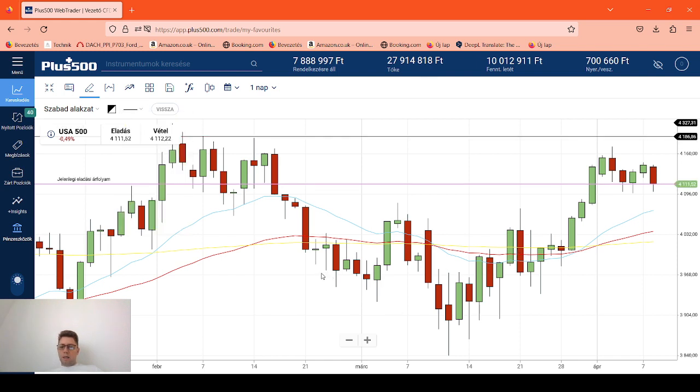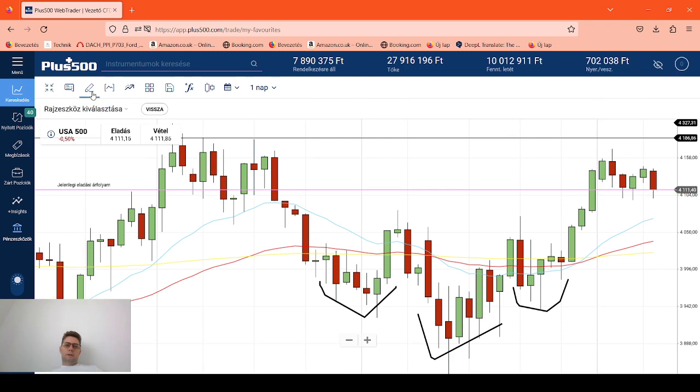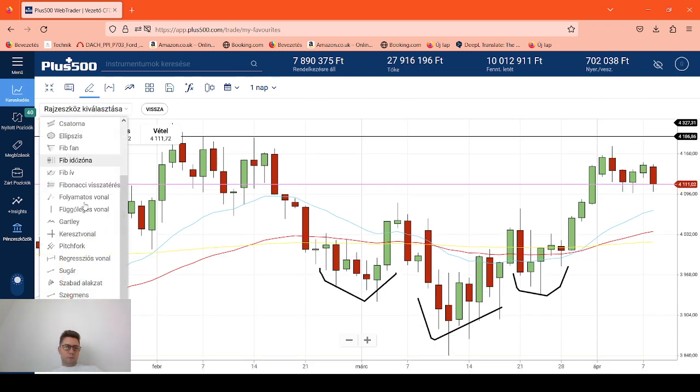So I see an inverse head and shoulder pattern here. This is the shoulder, this is the head, beautiful drawing, and this is the shoulder. Inverse head and shoulder pattern, and a very tradable pattern for me. I wonder why I haven't noticed it before.